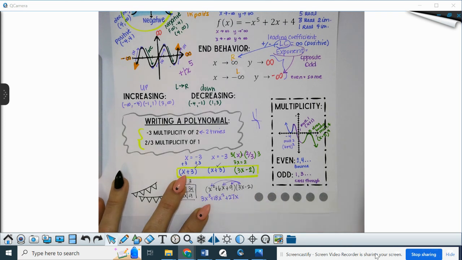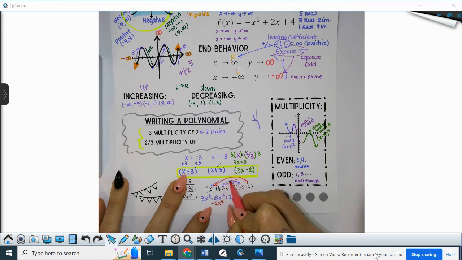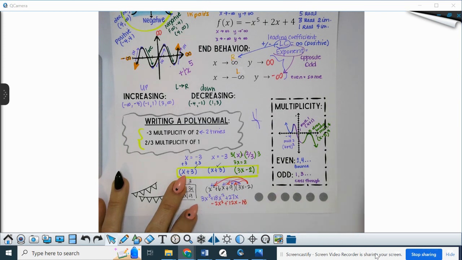I'm going to switch colors so we can just stay tracking. So negative 2 times x squared, and I'm going to stack them. So it's going to be negative 2x squared. Negative 2 times 6x is going to be negative 12x. And then negative 2 times 9 is a negative 18.